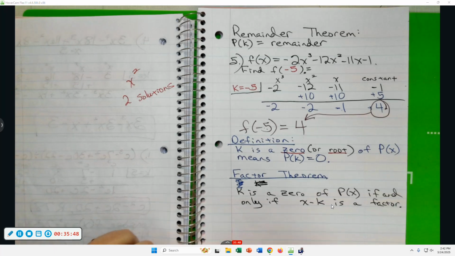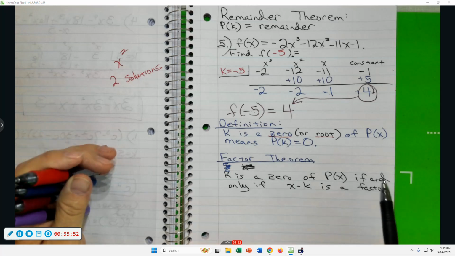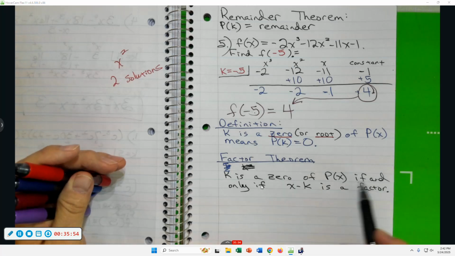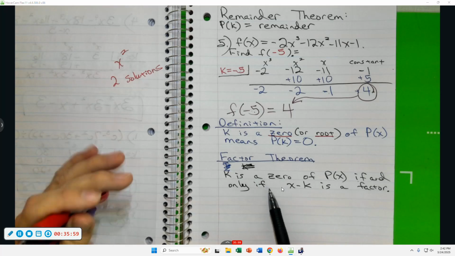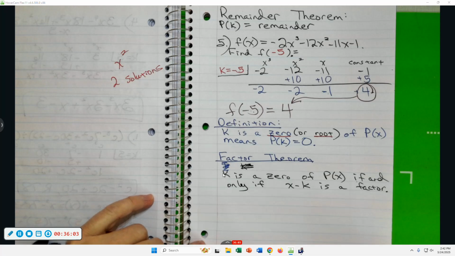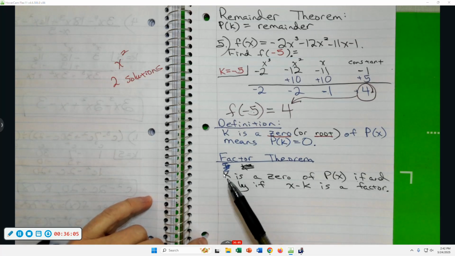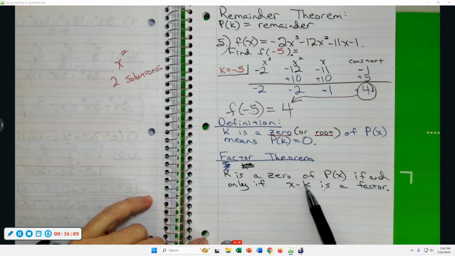Explain that it reads 2 ways. That if and only if is important because it reads 2 ways. If you see an if and only if statement, it can also be read as if x minus k is a factor, k is a zero, so it goes both ways. K is a zero means x minus k is a factor, x minus k is a factor means k is a zero.